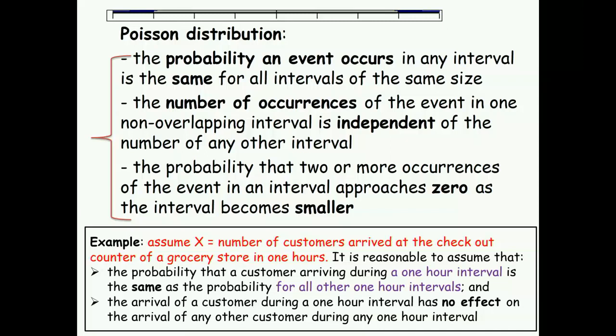The second one, the arrival of a customer during a 1 hour interval has no effect on the arrival of any other. The arrival here doesn't affect the arrival here, or here. It means that because in the morning there are many people, it doesn't mean that fewer people would come during lunchtime.